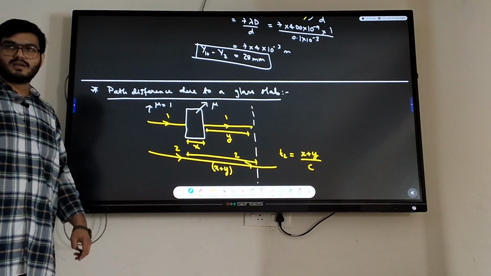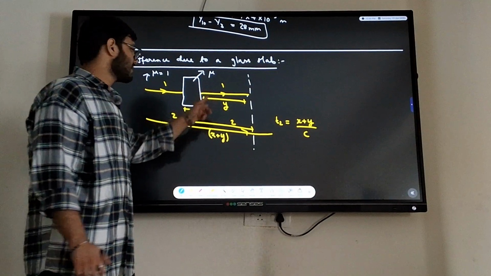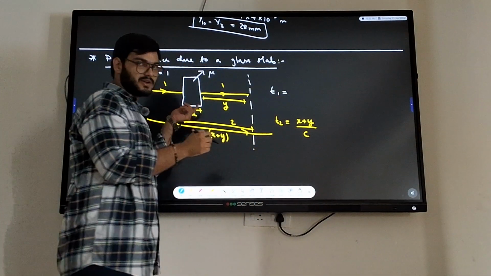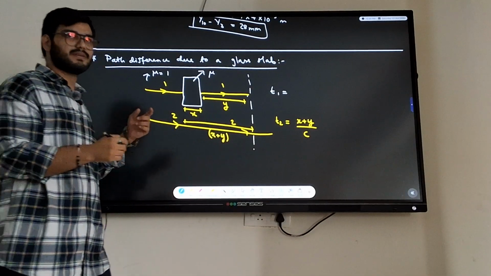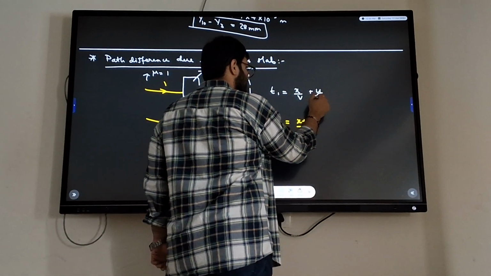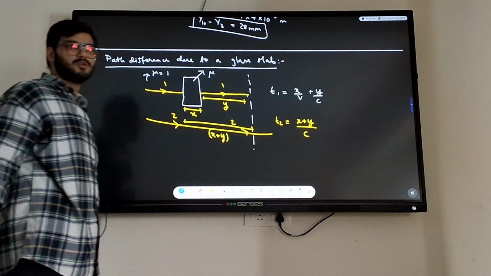Yes or no? And then what will be the case here? Can you see that the velocity in this region when you enter the glass slab will be different. It will be x by v plus y by c. And what is the relation between v, mu and c?